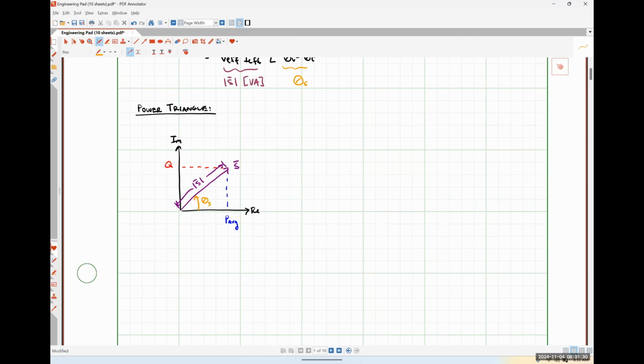So we just have a very simple right triangle here that tells us S is equal to P plus jQ in rectangular form, or magnitude of S, angle theta S in polar form.